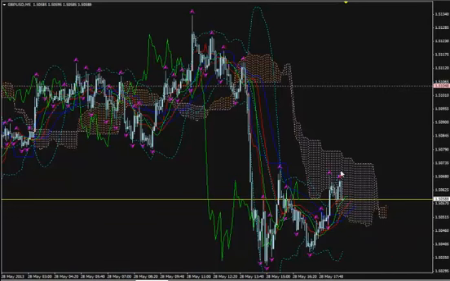So these edges turning inwards, they act as brakes. They say whatever the move is, it will stop for now. It will slow down. They are the brakes of this fast car, our trade, our price action. You can call the price action a fast car, and these are the brakes.